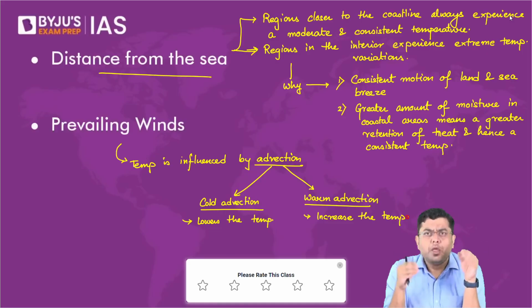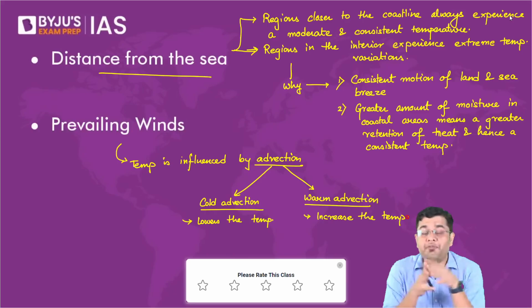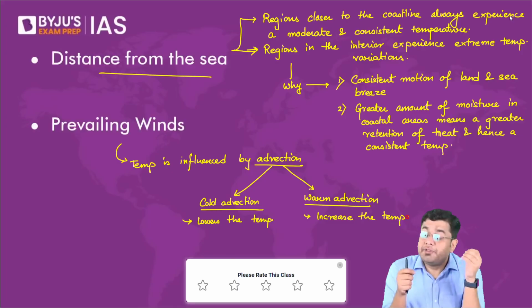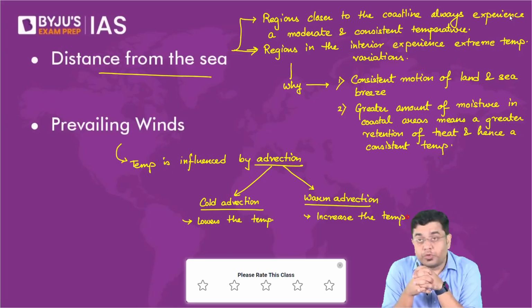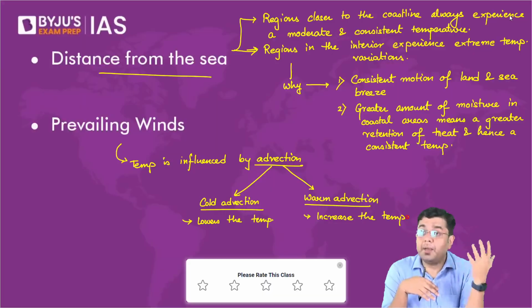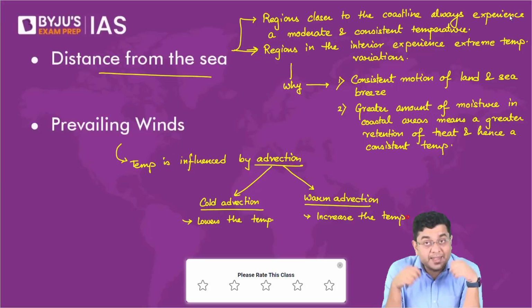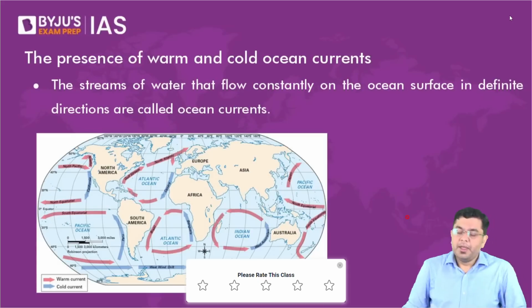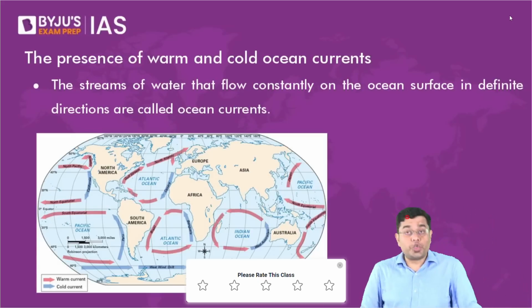You would have heard in news headlines that if there is a significant amount of snowfall in Jammu Kashmir, Himachal and Uttarakhand, now the expected weather is that it is going to be very cold in Delhi, Haryana, Punjab, and Western UP as well, because the cold winds will start coming down the hills. So that is where the process of advection will influence the temperature of that area. Okay. Now, then we have the influence of ocean currents.